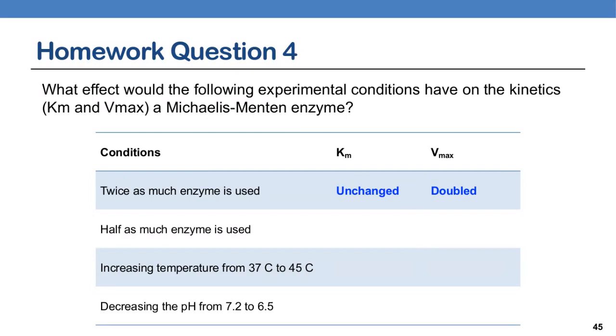Oh, how does the graph stretching happen? Because your Km is going to stay the same because you're not changing the individual properties of that enzyme, but you have now twice as many enzymes contributing to that overall Vmax. So that's going to double. So your Vmax is going to get higher, but your Km is going to stay the same.